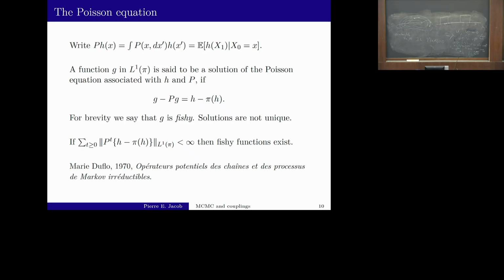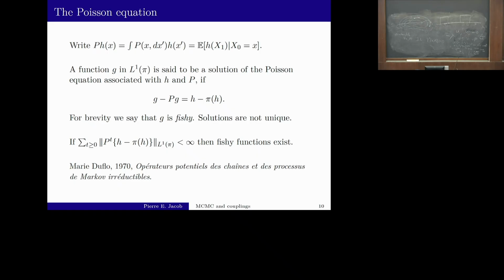There is a solution under this condition. Okay, so it looks a bit complicated. There's an infinite sum of conditional expectations after t steps. So P to the t is the transition in t steps of this centered function h, in L1 pi norm. That means basically that this must go to 0 fast enough.